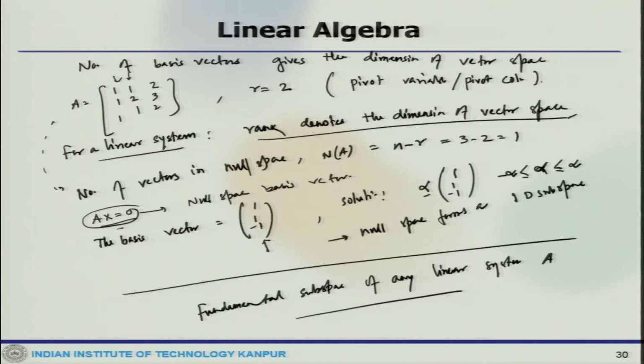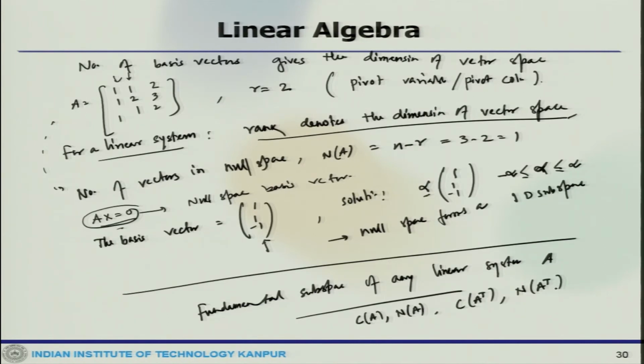We have already looked at that, there are 4 fundamental subspaces: one would be the column space, one would be the null space, then you can have the column space of A transpose and the null space of A transpose.